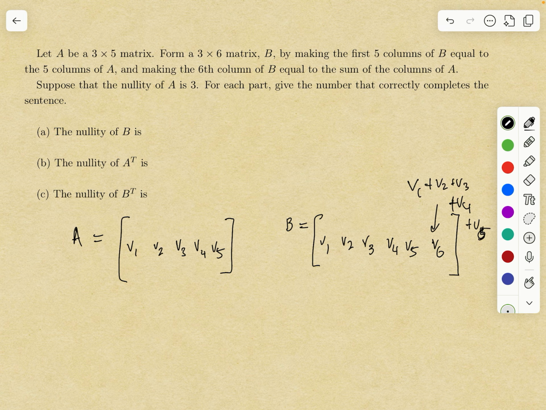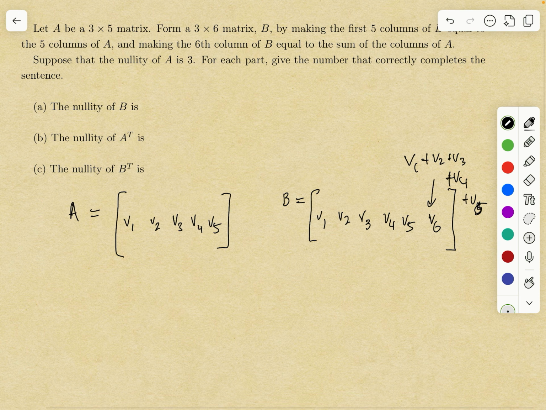Right? So the problem says that the nullity of A is 3. And part A asks for the nullity of B. So we want to think about the rank of the matrix. If the nullity of A is 3, remember that means the dimension of the null space, then what's the rank of the matrix?